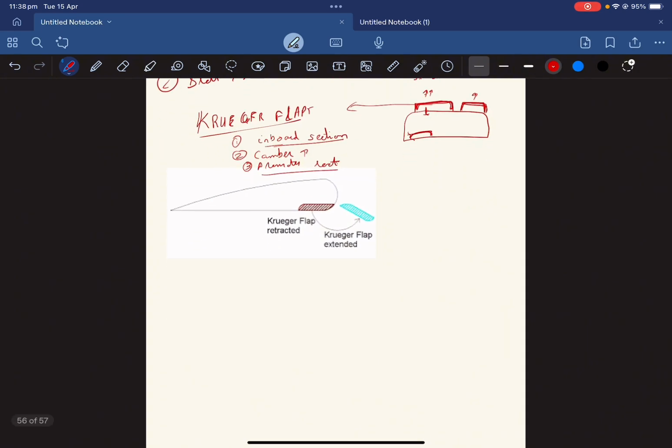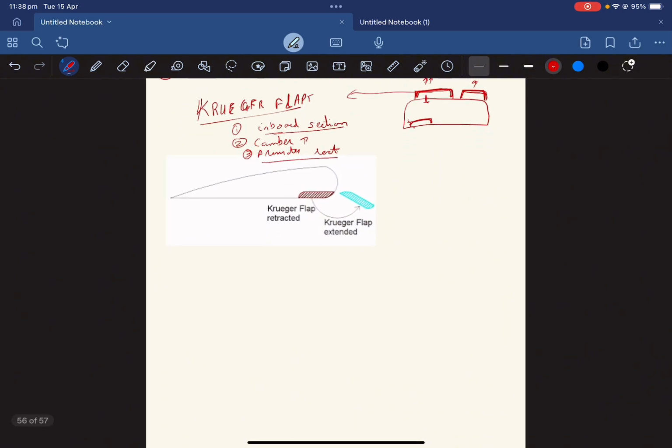The second one, as I told you, is the variable camber leading edge flap. I'll write it down. Variable camber leading edge flap. I'll just draw it out for you.